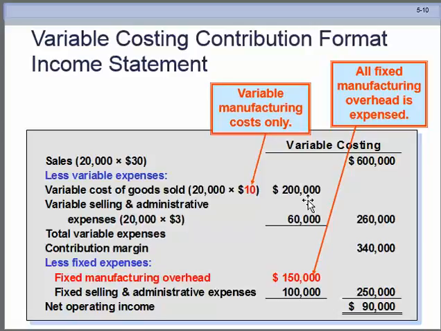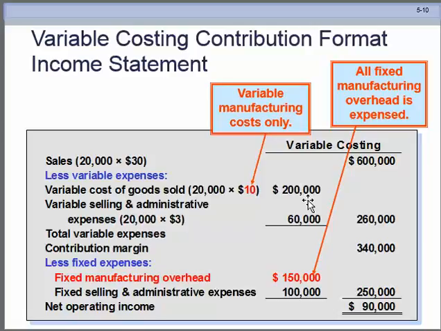Add variable selling and administrative expenses of $60,000. So that gives us a total variable expense of $260,000. So our contribution margin, sales less variable expenses, is $340,000. Remember, the contribution margin is what is available to cover fixed expenses.